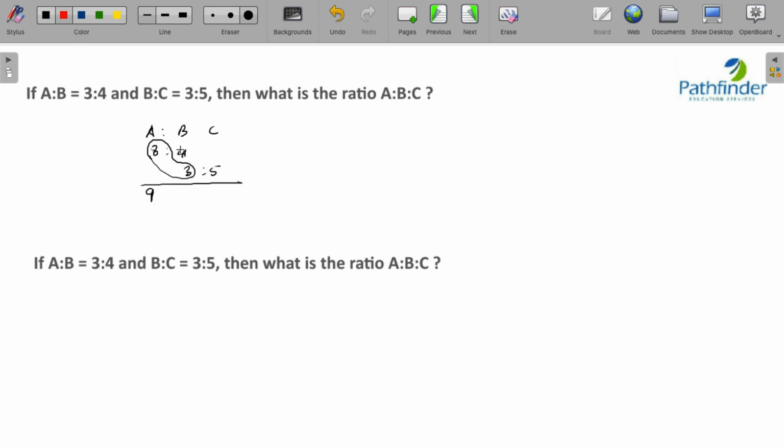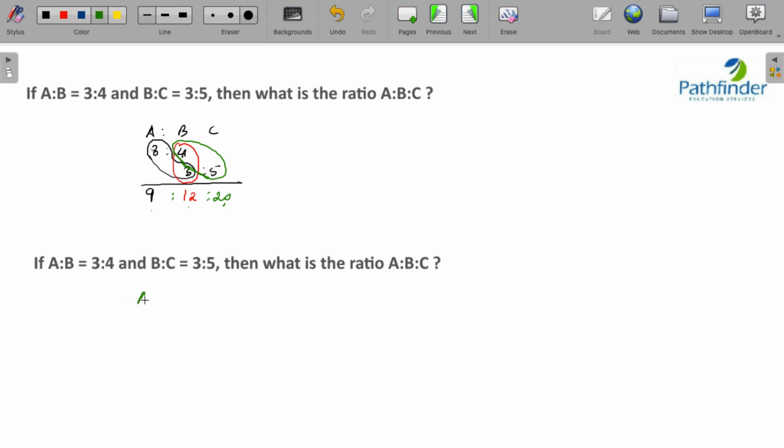To get the value of B, multiply these two terms, 4 into 3, and you will get 12. And to get the ratio of C, multiply these two terms, 4 and 5, and you will get 4 into 5, 20. So what is the required ratio? 9 is to 12 is to 20.